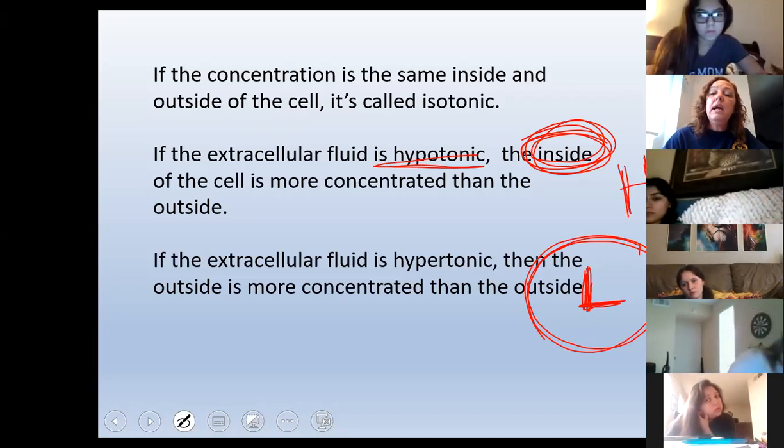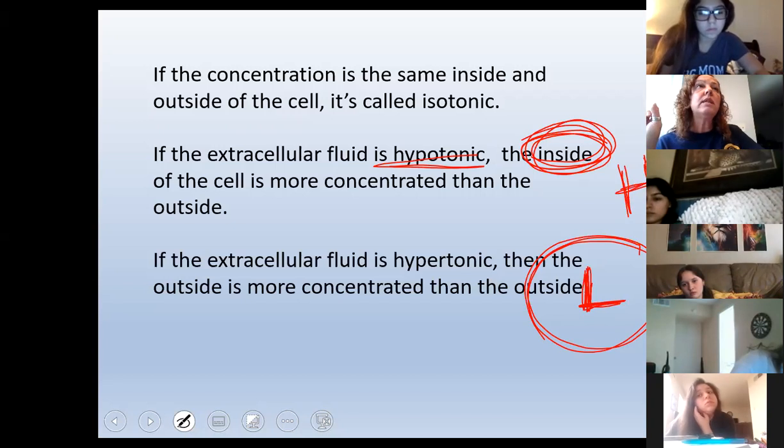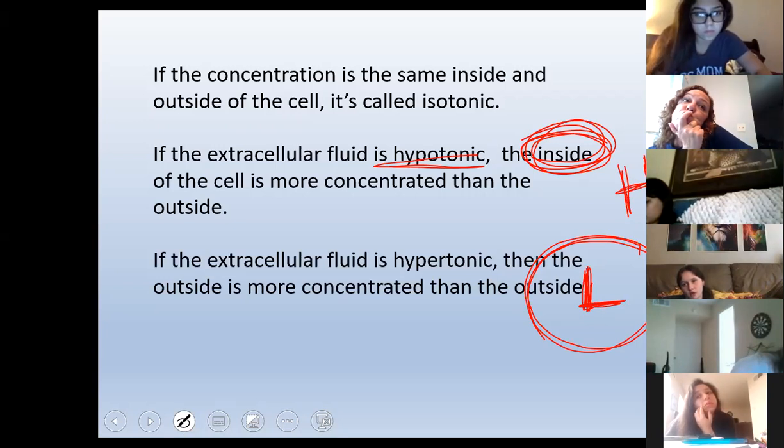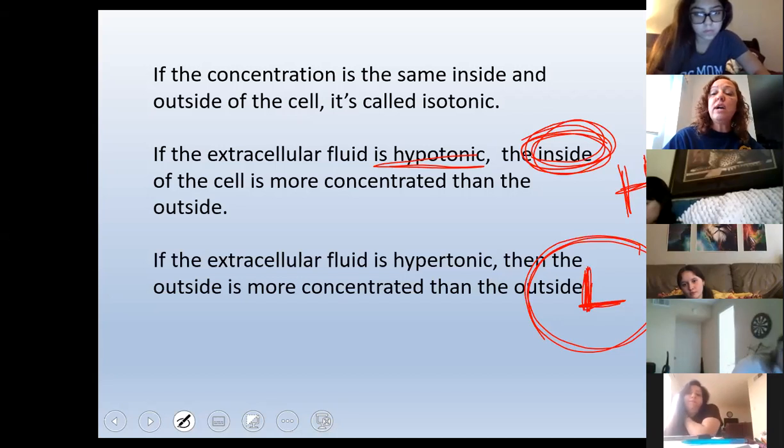Tell me, is this going to promote stuff to move in or out of the cell? Inward. Remember concentration gradient, we're going to move from high to low.